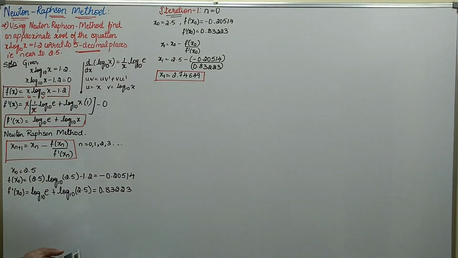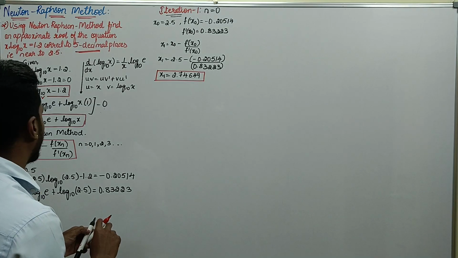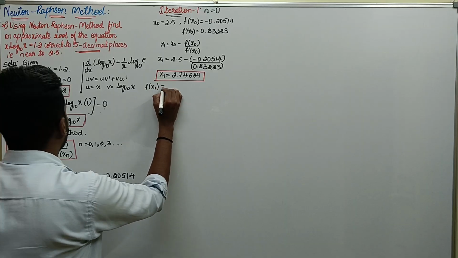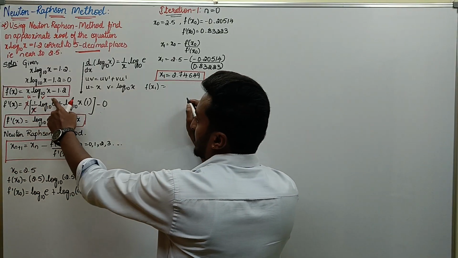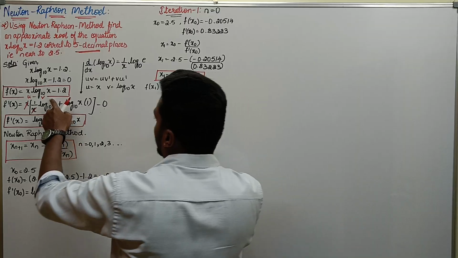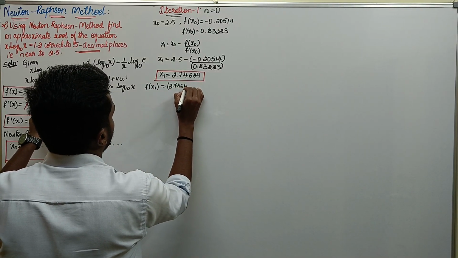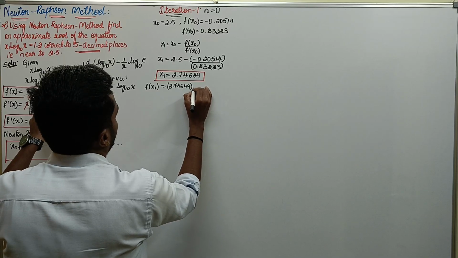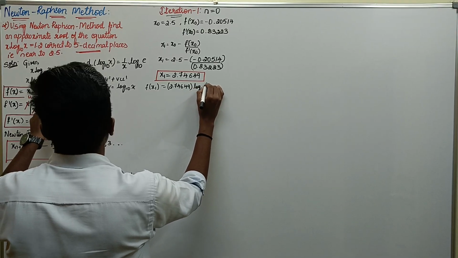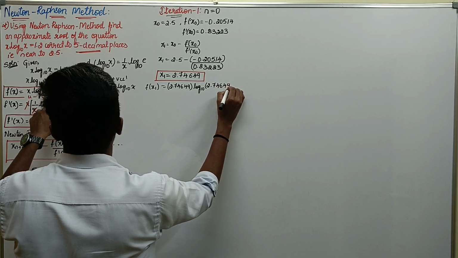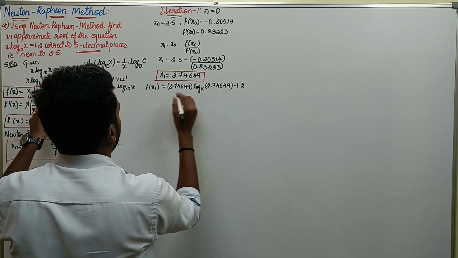Similarly, let us represent f of x1. To represent f of x1, again substitute in f of x: 2.74649 into log base 10 of 2.74649, minus 1.2.